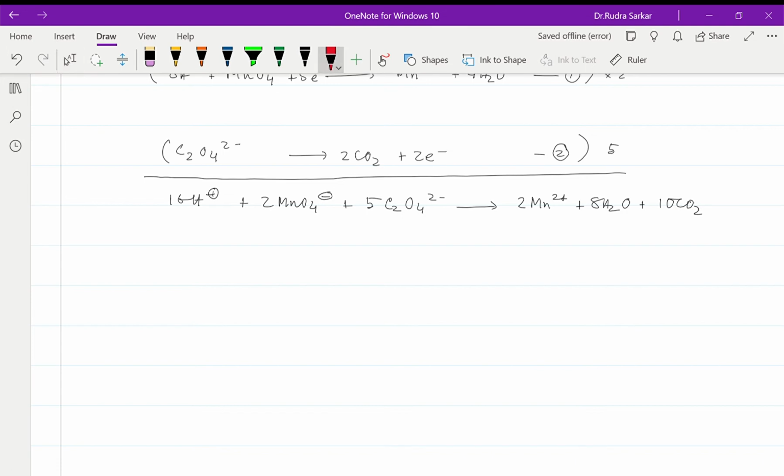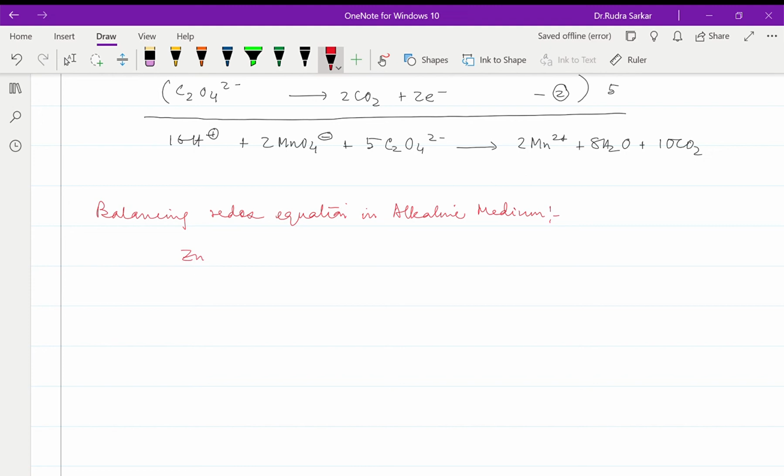So this is balancing redox equation in alkaline medium. How to do that?